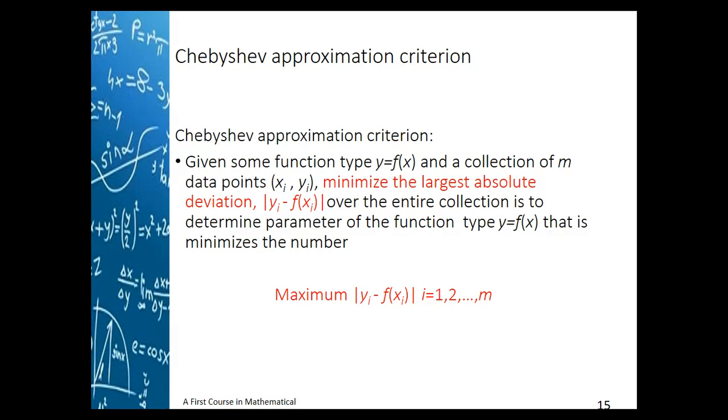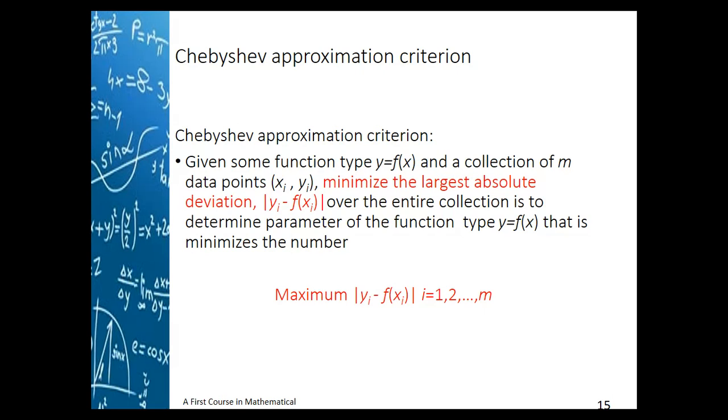If you can recall back to part one, where you have points A, B, C, D, I cannot remember which page, point D goes so far away from the approximated line that you have. So you focus on that particular point only.